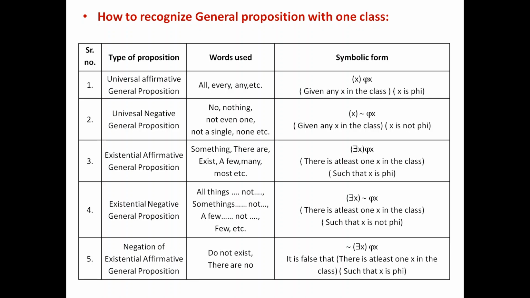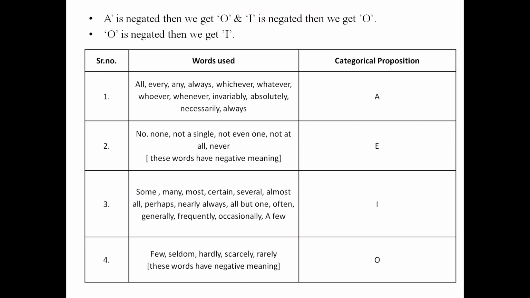Now, before we actually deal with two classes, we have to recognize what type of general proposition it is, whether it is an A proposition, E proposition, I or O. For that we must know the words used in the given proposition. Suppose the words used are all, every, any, always, whichever, whatever, whoever, whenever, invariably, absolutely, necessarily, then it is an A proposition.